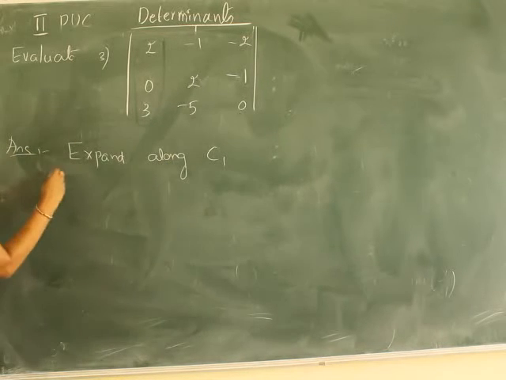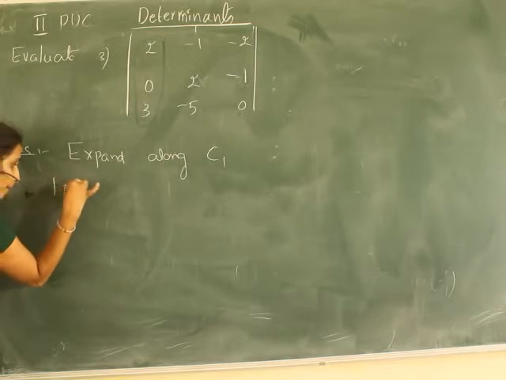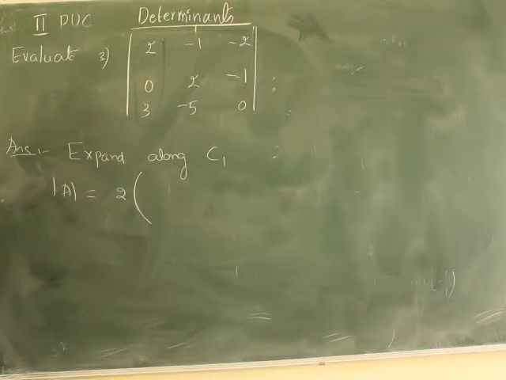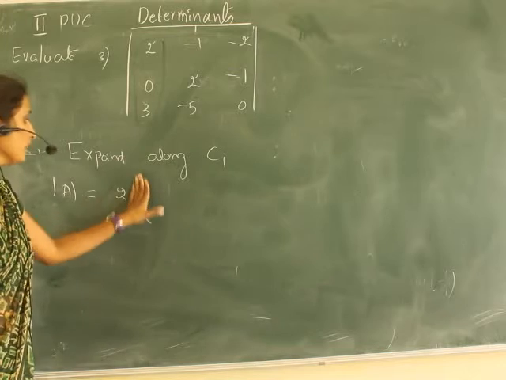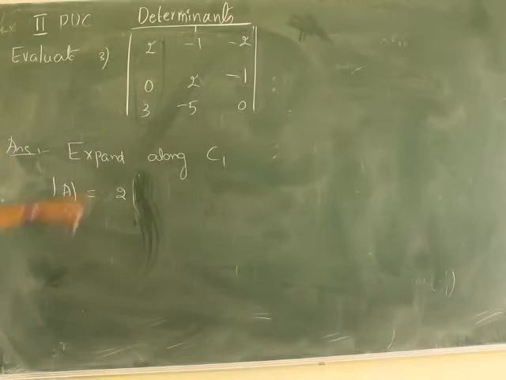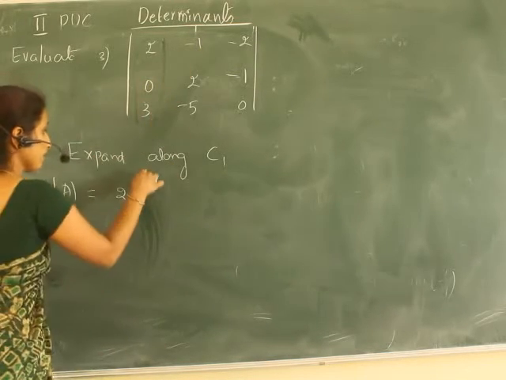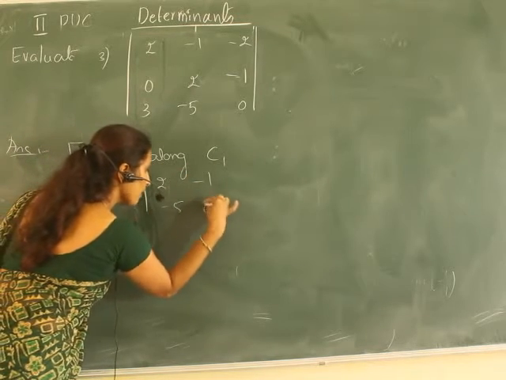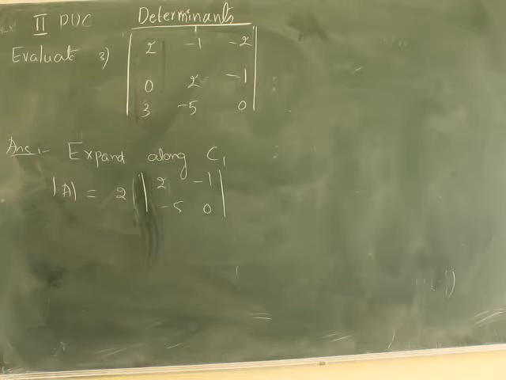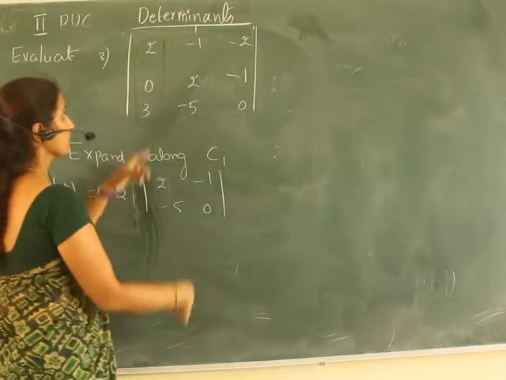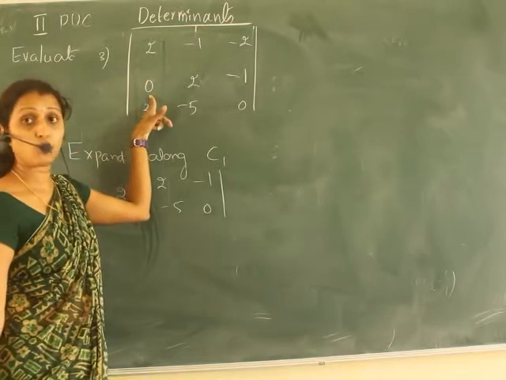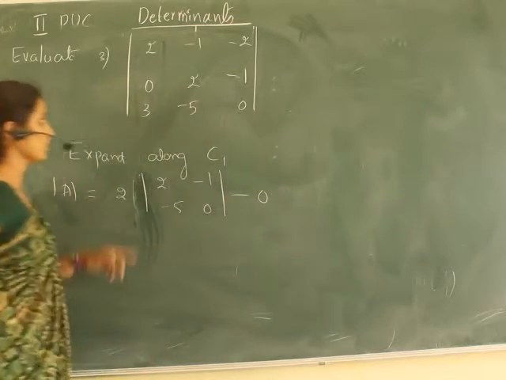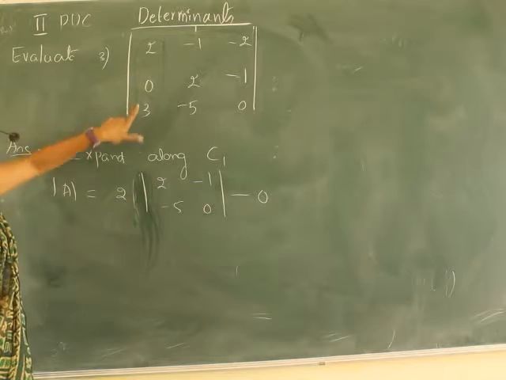The determinant of A is equal to the first element, 2, into the determinant obtained by deleting the first row and first column: 2, minus 1, minus 5, 0. Then, along the first column as I am explaining, the signs go plus, minus, plus.